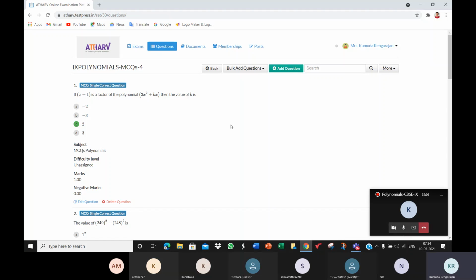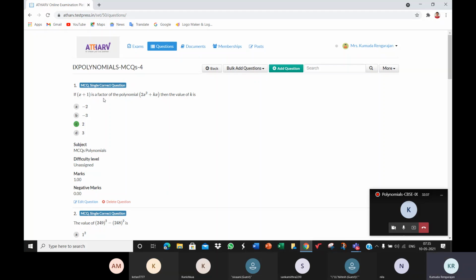Let's see the first one. If x plus 1 is a factor of this polynomial, then the value of k is. Equate x plus 1 to 0, so x is equal to minus 1.